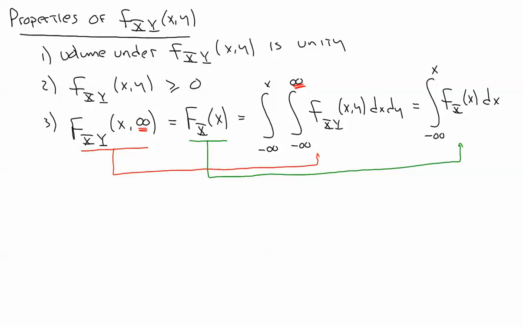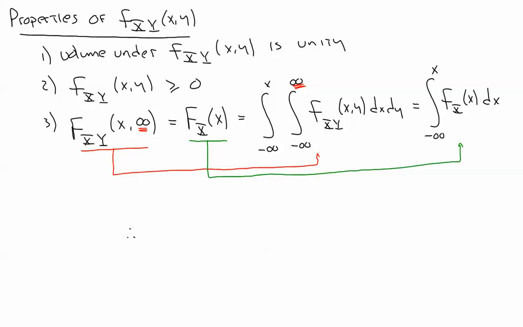So these things are all equal to one another. Interestingly, if I have two integrals that are equal to one another, then the integrands have to also be equal to one another. All right? So, from this sequence of things that are equal, I can make this following statement.